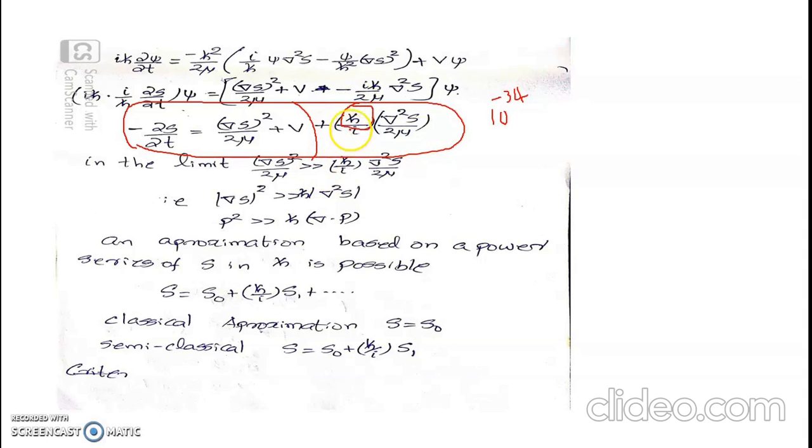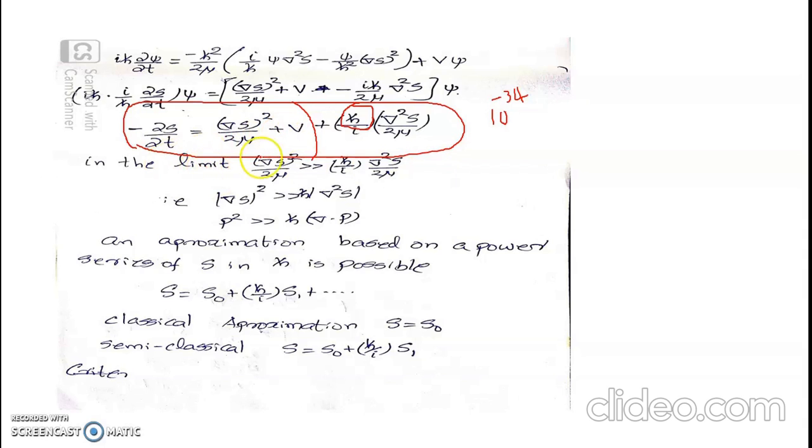It is, of course, the finiteness of Planck's constant that makes quantum mechanics a necessity. So we cannot omit it. However, in the limit where this term largely exceeds (ħ/i)∇²S/2μ, the equation tends to be the classical equation of motion.